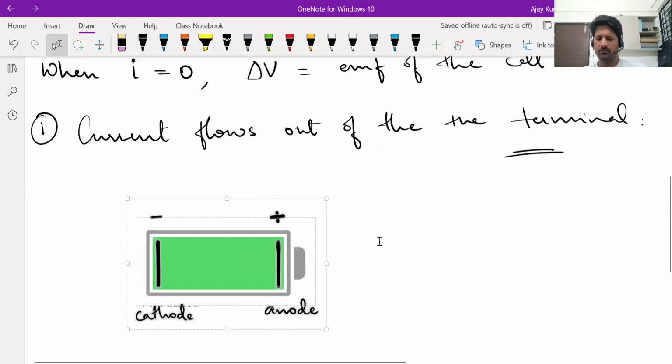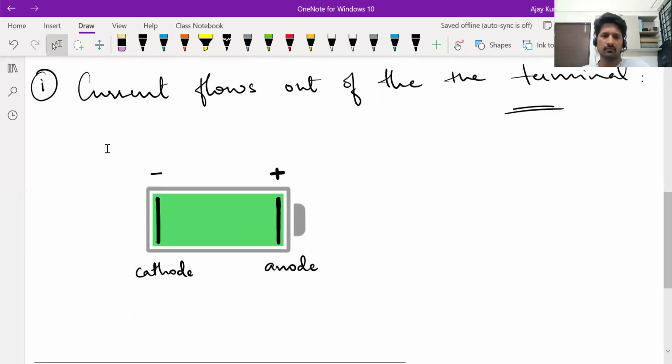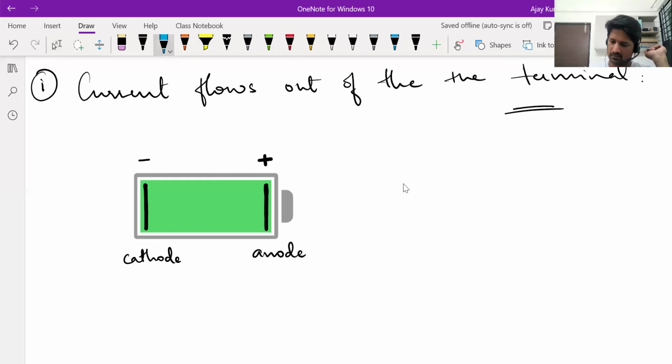Now, can any of you tell me what is the job of a battery in a circuit? What is it supposed to do? To maintain the potential difference. And to do that, it pulls electrons from one side and releases them on the other side. Usually, electrons enter into the positive terminal and they leave from the negative terminal.